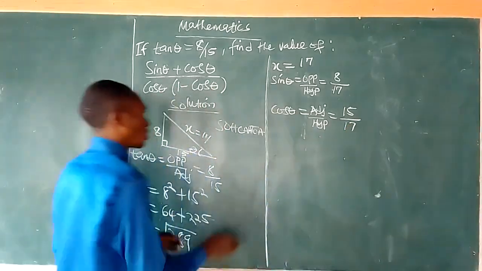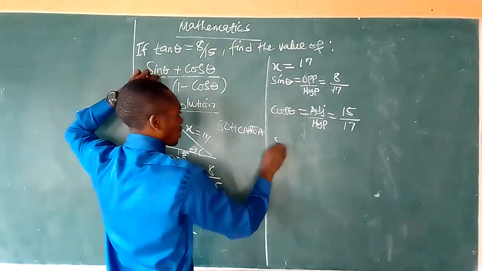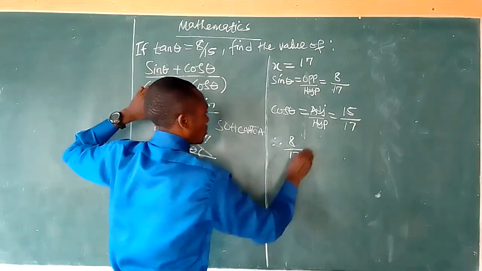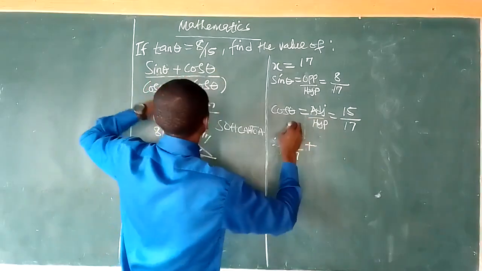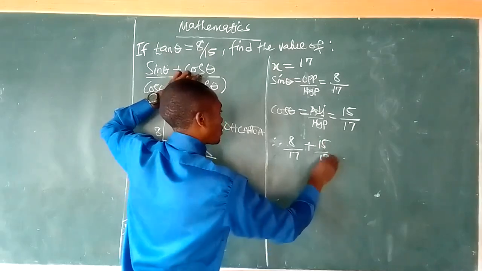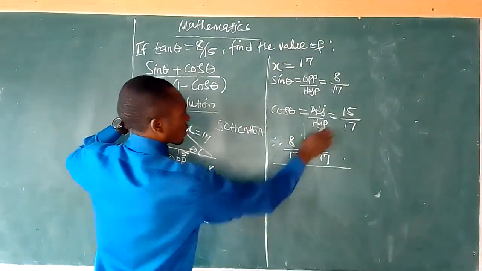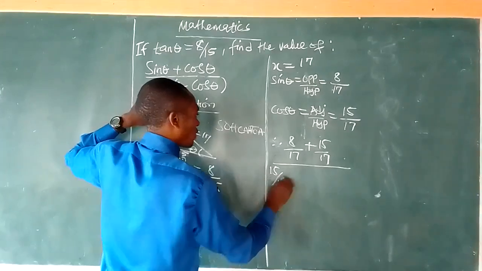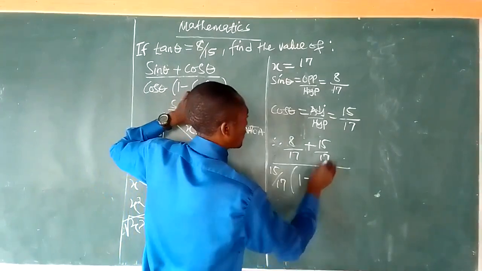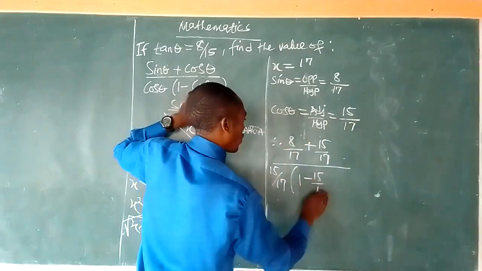We can now substitute these values. Sine theta is 8 over 17, plus cos theta, which is 15 over 17, all over cos theta, 15 over 17, open bracket, 1 minus cos theta, which is 15 over 17.